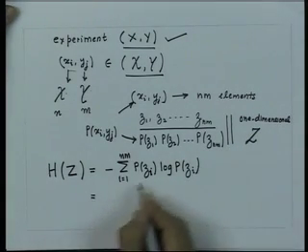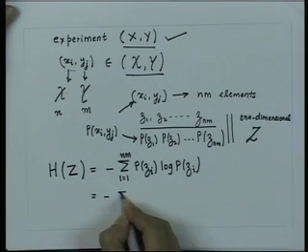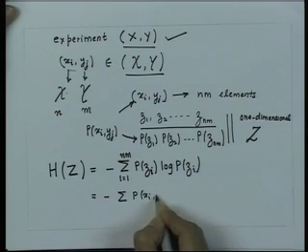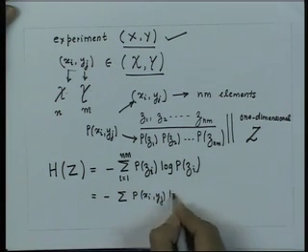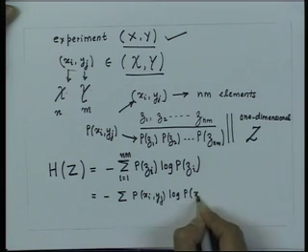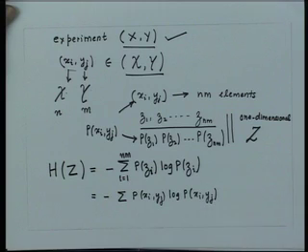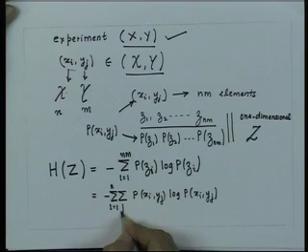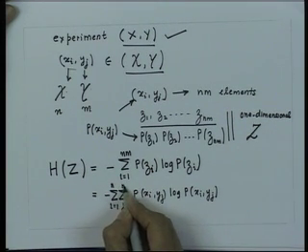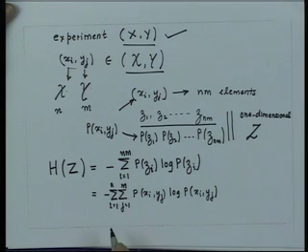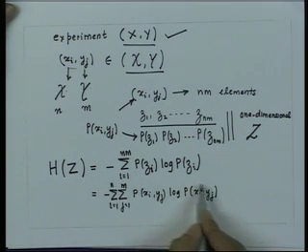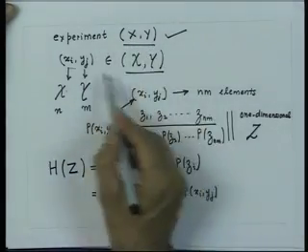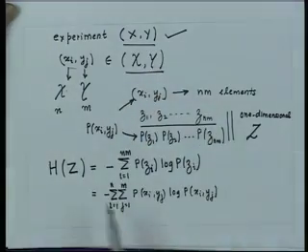Now, going back to our original notation, I can write this as P of xi yj log of P of xi yj, and my summation will be double summation, i equal to 1 to n, j equal to 1 to m. So, I have been able to calculate the information measure for this experiment, my original experiment, which was given by this sample space.